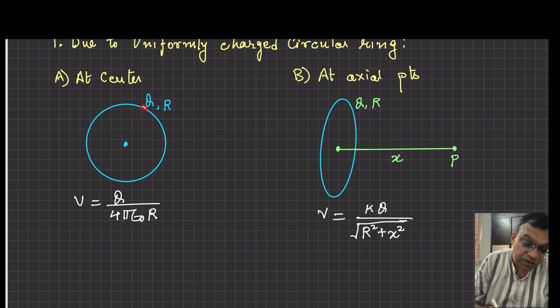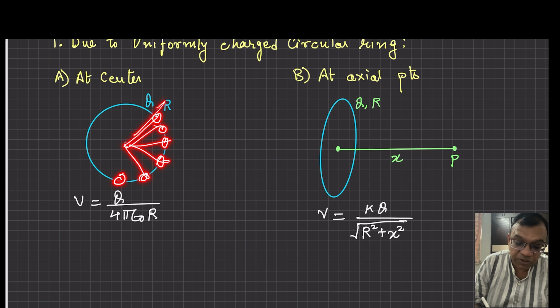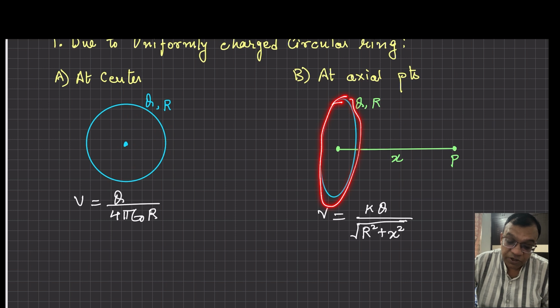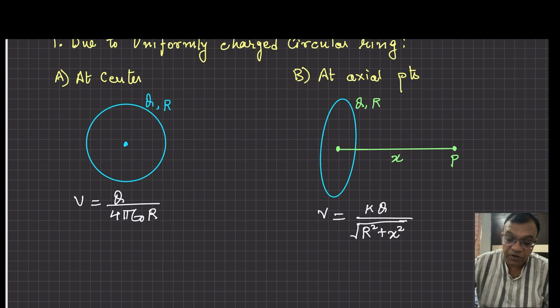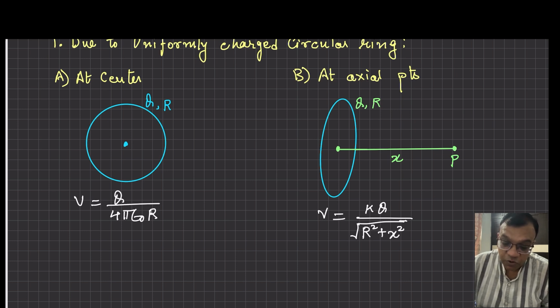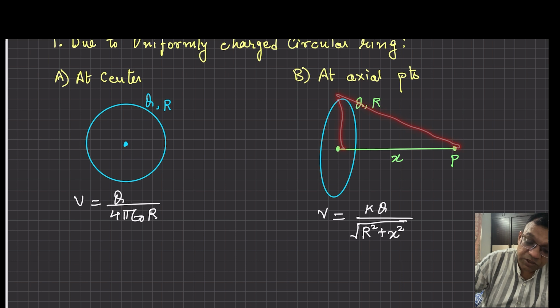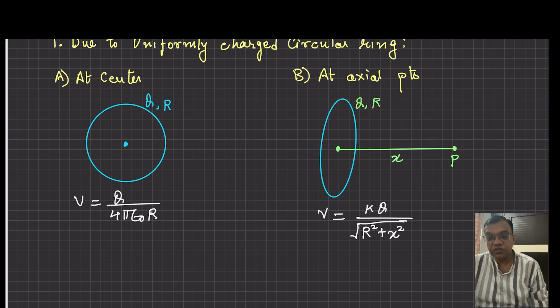Now here, the charge Q is distributed. So the potential at the center is Q upon 4 pi epsilon naught R, because the total charge is at the same distance R from the center. Same way, at the axial point, the electric potential due to this charged ring will be KQ, where K is 1 upon 4 pi epsilon naught, upon under root R square plus X square.